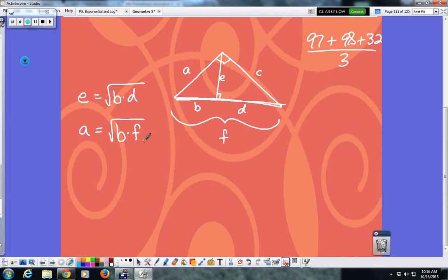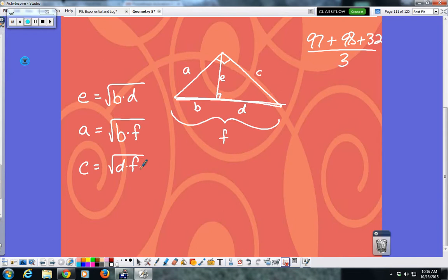And F there, instead of writing F, if you'd rather write B plus D, it's the same thing. The whole thing. And then your last scenario, the other side, these are the only three formulas you'll have to know. The other side, C, from what I just told you, if A is the geometric mean between B and F, C would be the geometric mean between D and F.